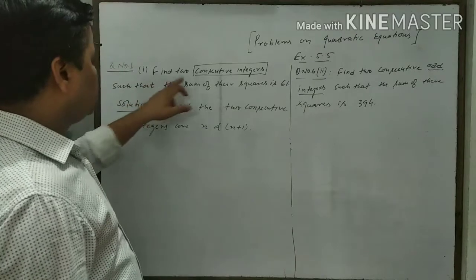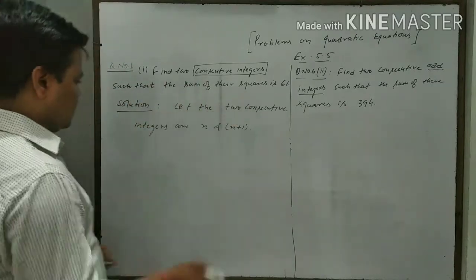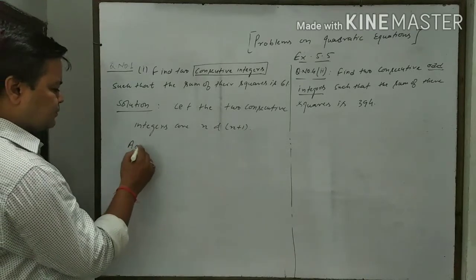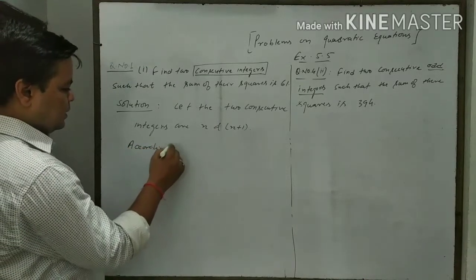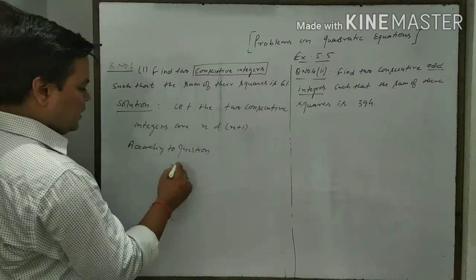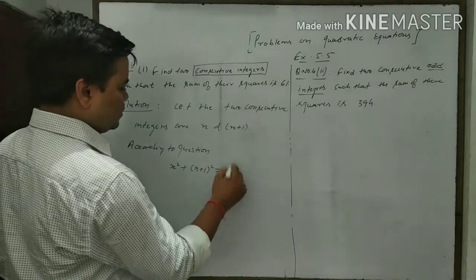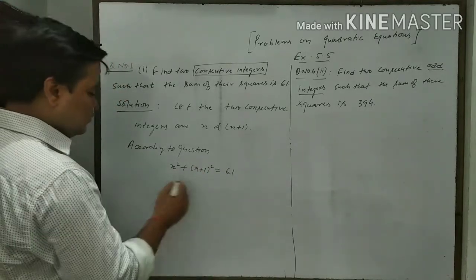Now according to the question, the sum of their squares: x square plus (x plus 1) whole square is equal to 61. Now solve it.